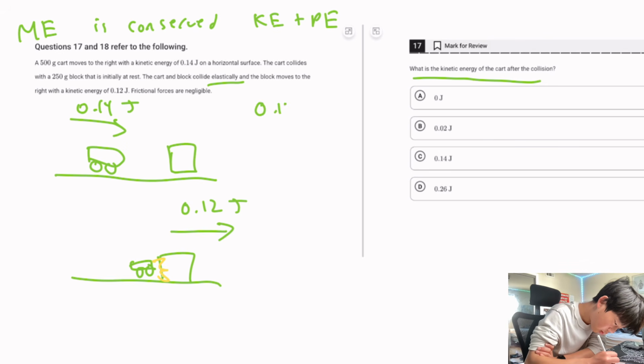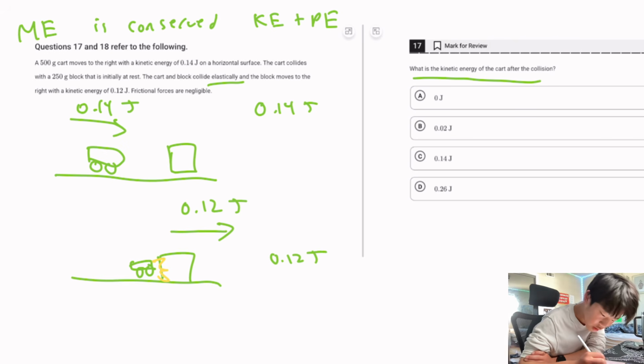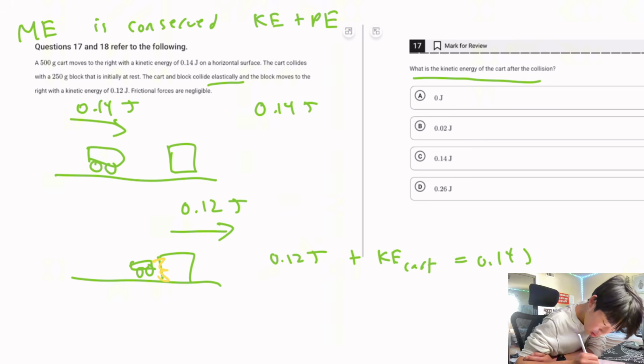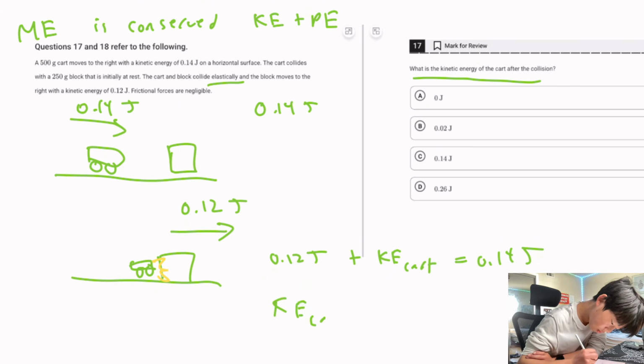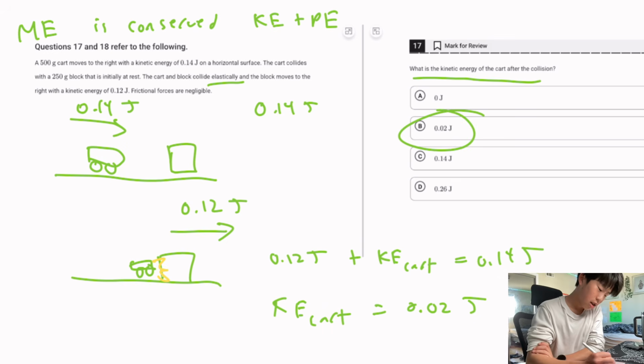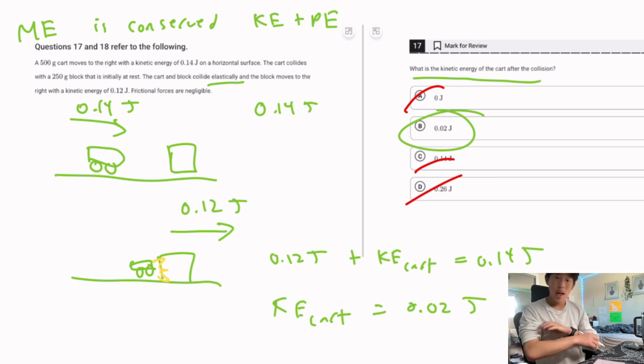If it starts with 0.14 joules, it needs to end with 0.14 joules. So the kinetic energy of the block is 0.12 joules, and now it's asking for the kinetic energy of the cart. Well, we know that 0.12 plus KE cart has to equal 0.14, because no mechanical energy is lost, which means KE cart is equal to 0.02 joules. Okay? It stays the same. It remains the same always.